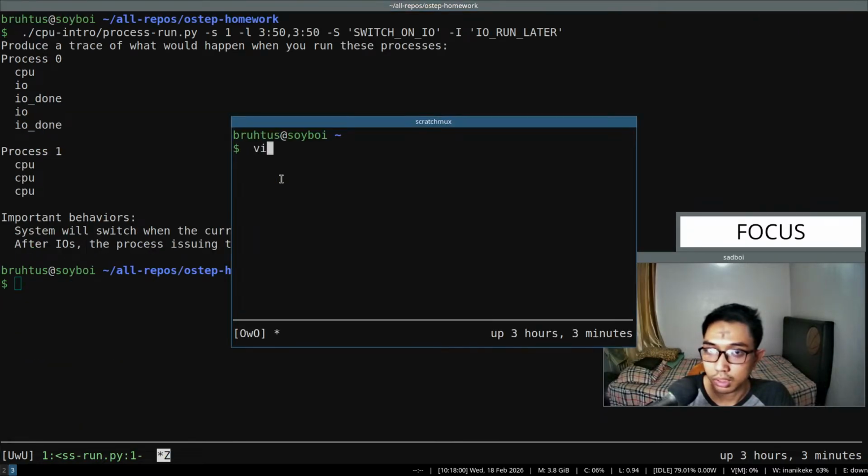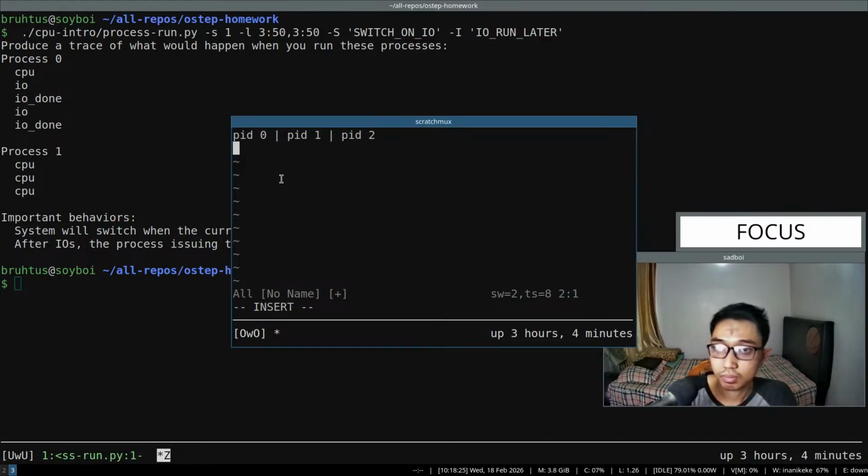Alright, so what happened in here? CPU, or maybe PID 0, PID 1, PID 2, okay, and then CPU ready, maybe run CPU ready, and then ready, right?